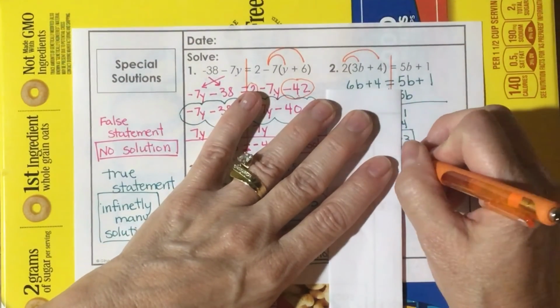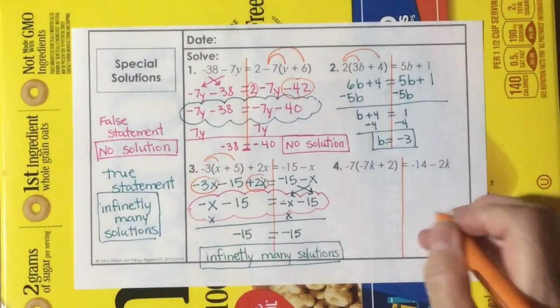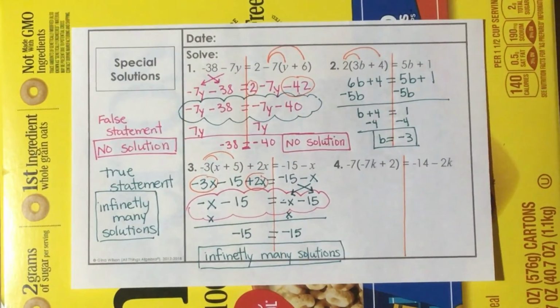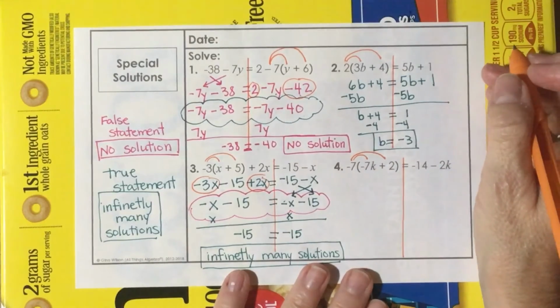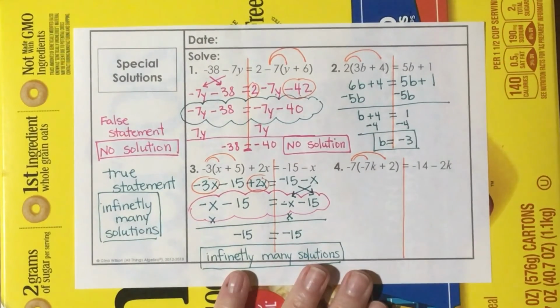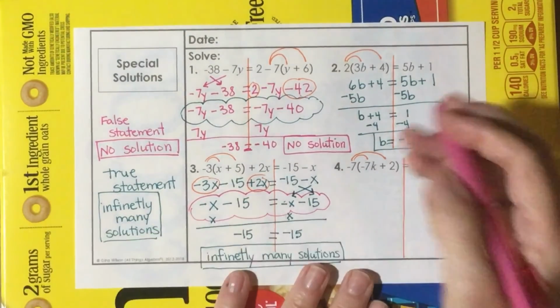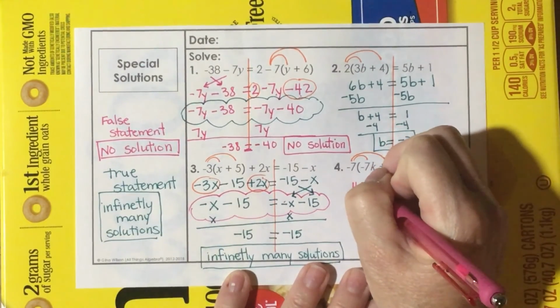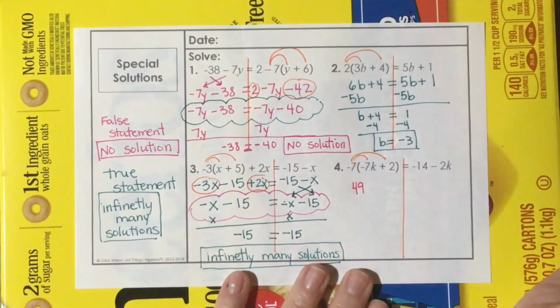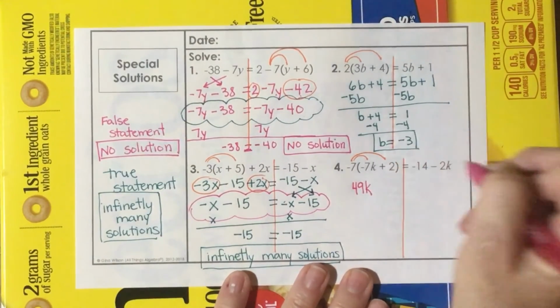All right, and last one. Do you see it, guys? You're looking to simplify both sides, right? So we're going to distribute the -7. All right, so negative times a negative is positive 7 and 7 times 7 is 49.